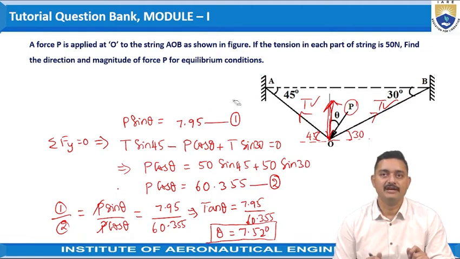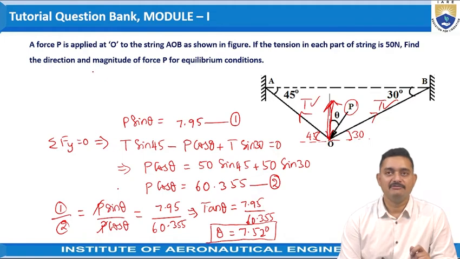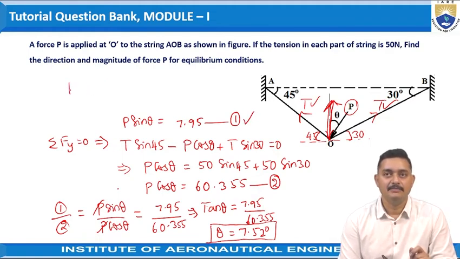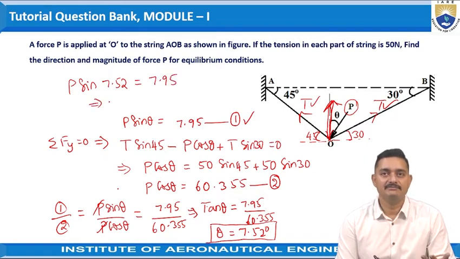So substituting the value of theta in equation 1, that means P sin 7.52 is equal to 7.95. With further simplification, this will give the value of P as 60.74 newtons. So this is the magnitude of the force P.